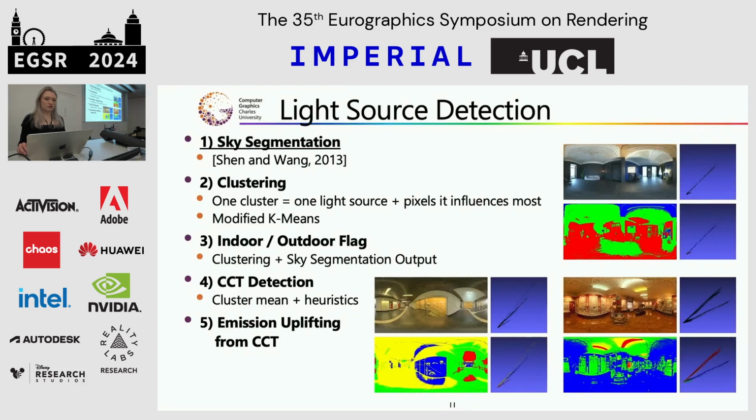Moving on to the individual steps. The sky segmentation is performed by a technique proposed by Shen and Wang in 2013, which was sufficient for our purposes. Probably the most noteworthy part of the pipeline is the light source clustering, and we did this by looking at the visualization of the HDR pixels in the 3D RGB space.